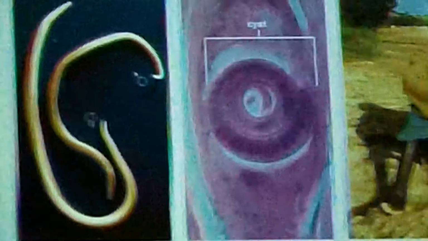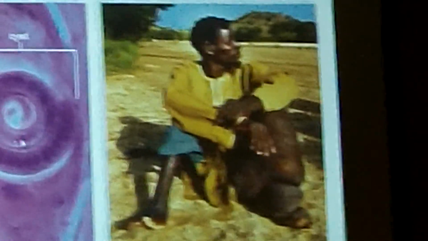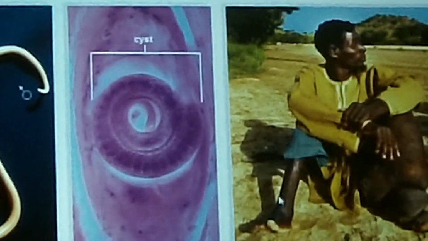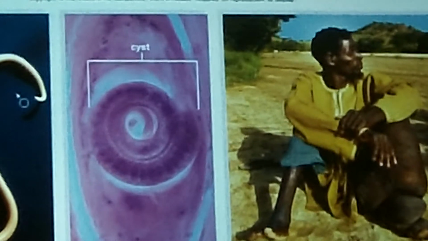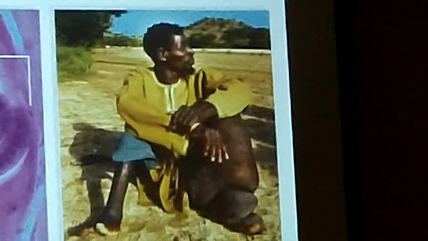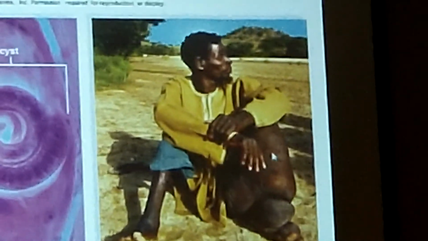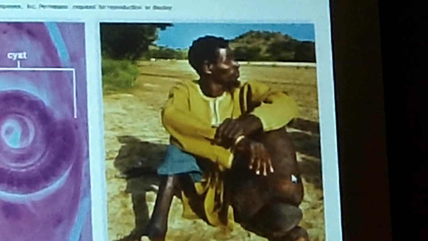This guy has a roundworm disease, a cyst. A worm is living in his body that blocks up the system of his body that moves water around his body. It's his lymphatic system. Is that his leg? That's his leg. And the cells are engorged with water.